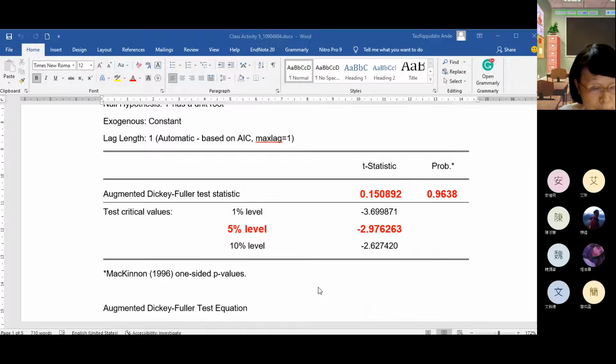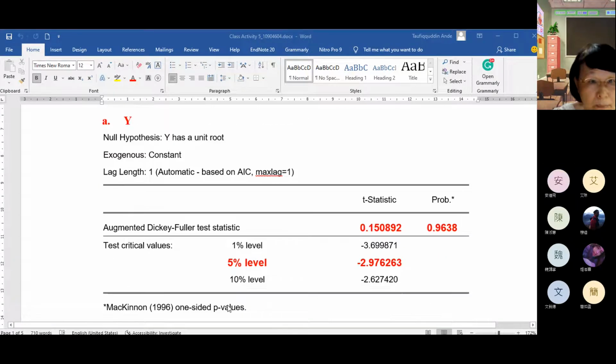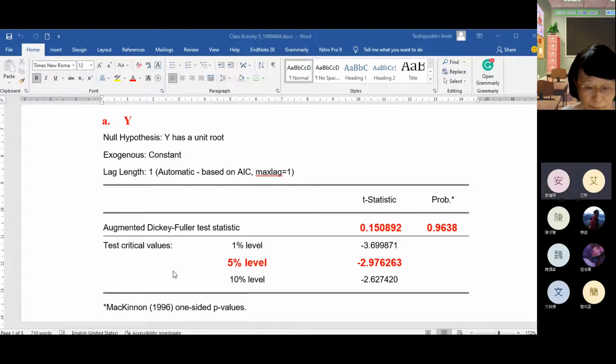And the version you're using, for example for the Y variable, which version are you using? How do we tell the difference between the three versions? I'm using 5%.